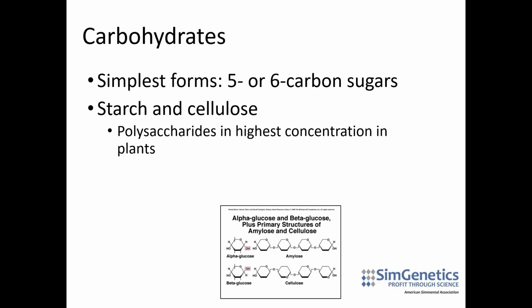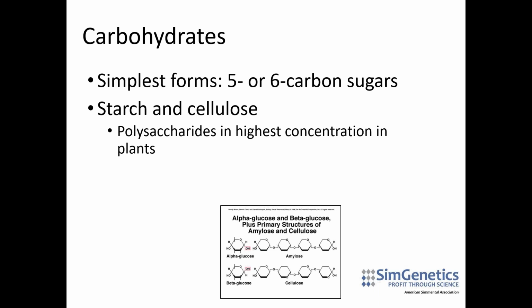When we have just one of those sugar molecules, it's called a monosaccharide: mono meaning one, and saccharide meaning the sugar containing piece. When we have lots of those sugar molecules hooked together, they're called polysaccharides. Poly means many, and again, saccharides deal with the sugar molecules.